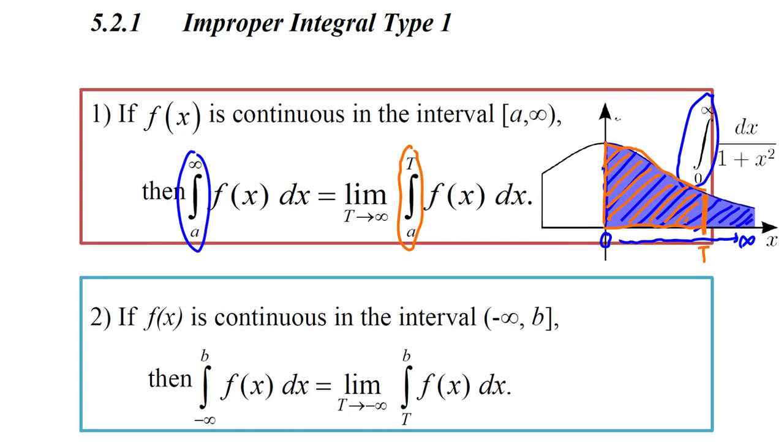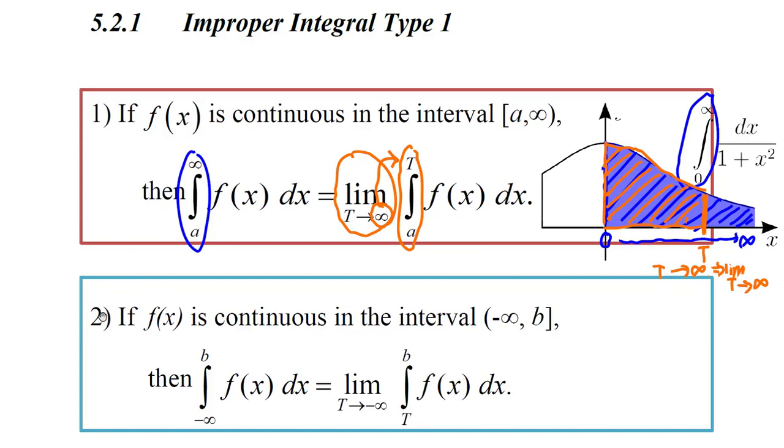When you look at this figure, t approaches infinity. When we talk about approaches, it means that we need to put a limit. So limit as t approaches infinity of the integral from a to t. This infinity you change to t, f(x) dx.